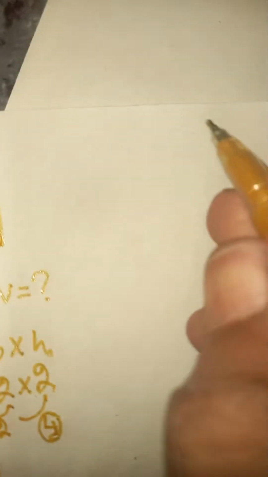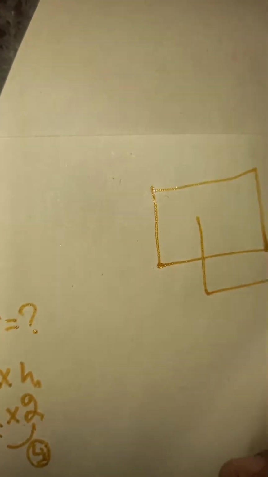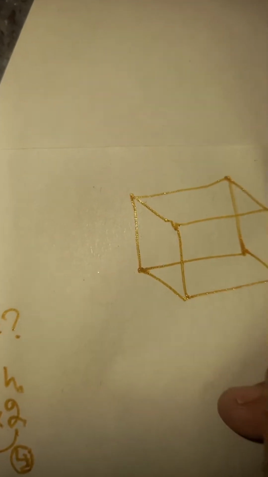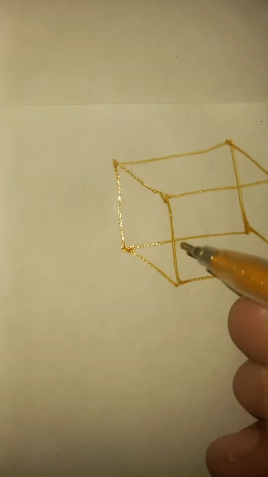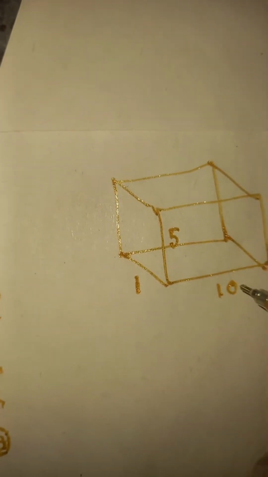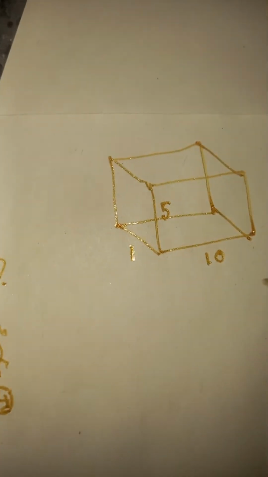Let's take one more cuboid. Here in this cuboid you need to find out the volume of the cuboid. Length is 1 unit, breadth is 10 units, height is 5 units.